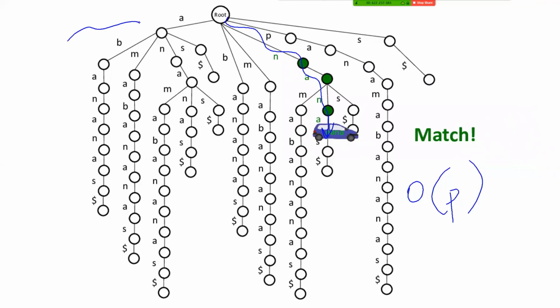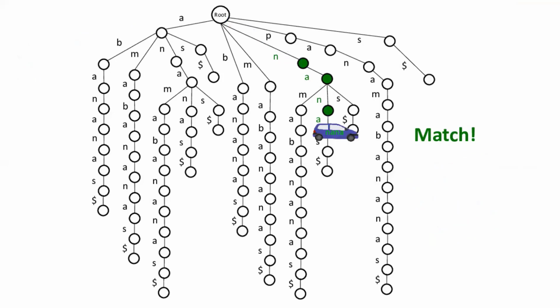So in all of the previous solutions, the size of the genome was part of the complexity. In this new approach, the amount of time that I would have to spend to find a short read is just the size of the short read.